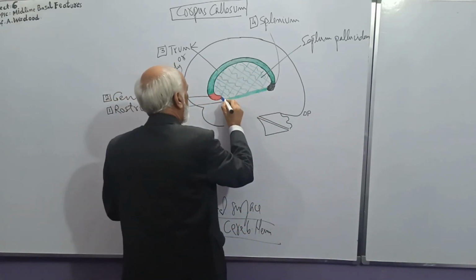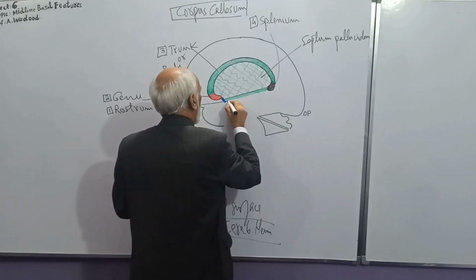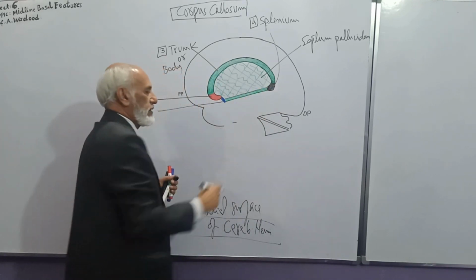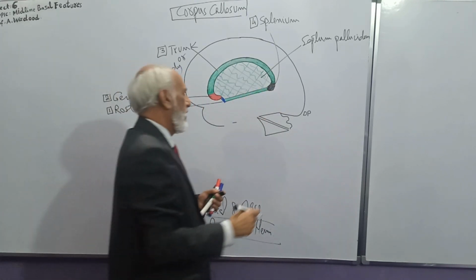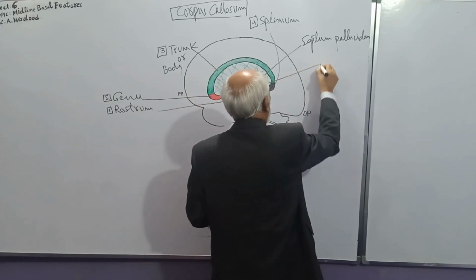This is the lower free border of the septum pellucidum, to which a thick band of nervous tissue is attached. This is known as the fornix.